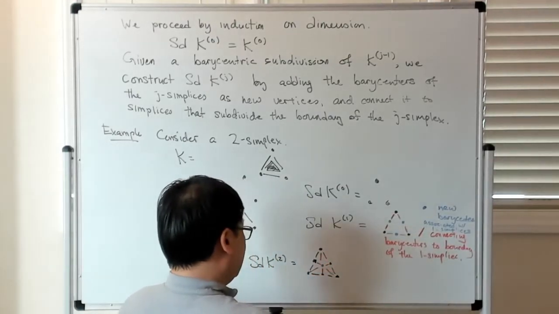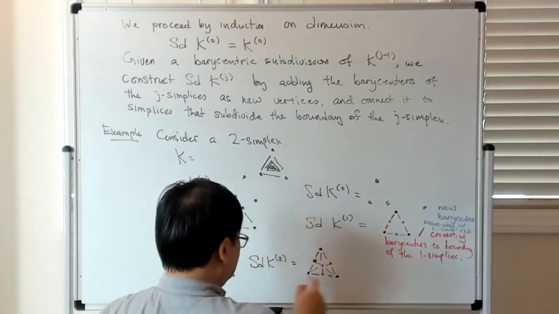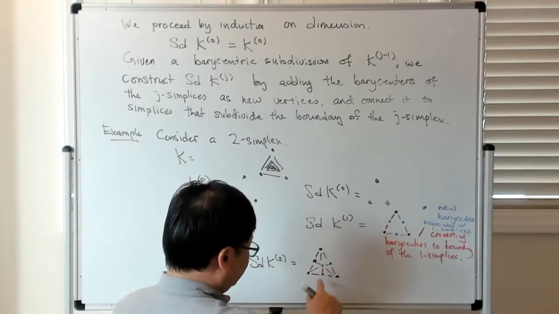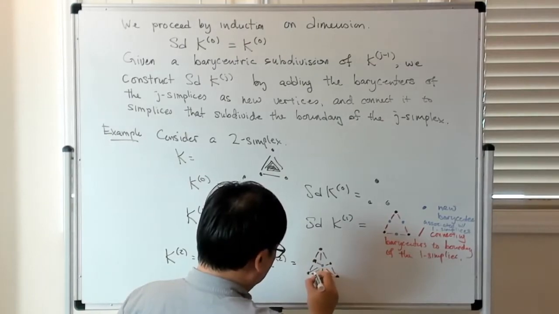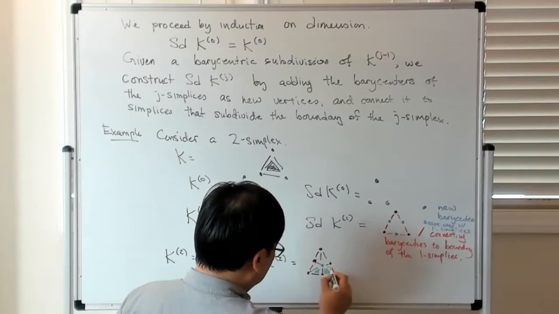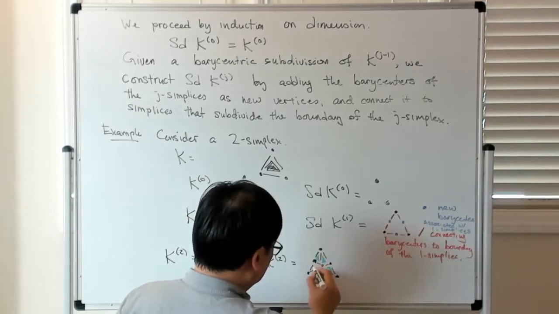And I also want to connect that barycenter to edges which are on the boundary. So I'll do one more color here. Hopefully you get to see what I'm doing. Okay, so hopefully it's clear what's going on here.